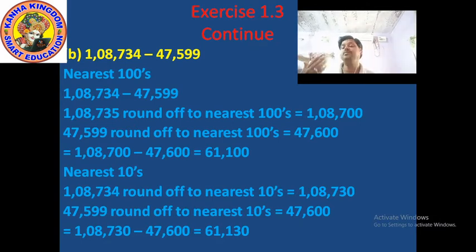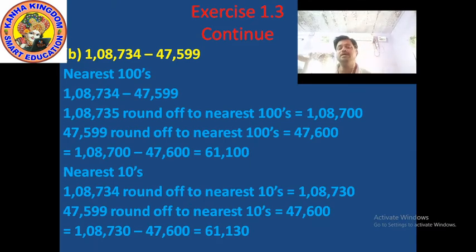Okay, and before the 1000 period there are 3 place values, which are all in the ones period. What are they? 599. How can we read 599? 599. Okay, so you have to subtract 47,599 from which number?